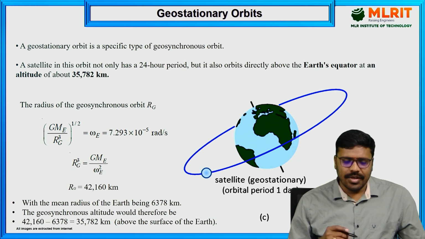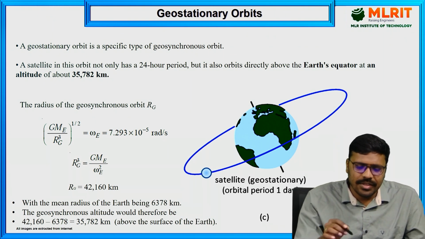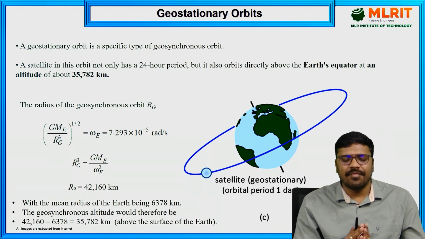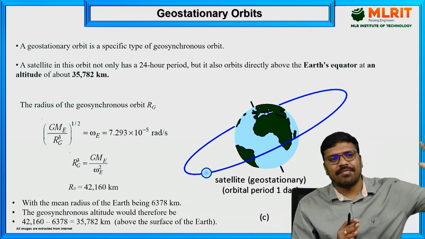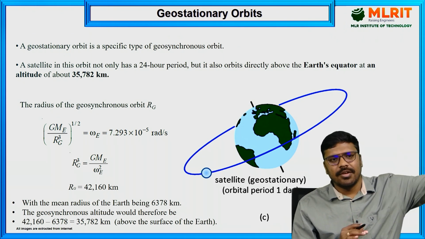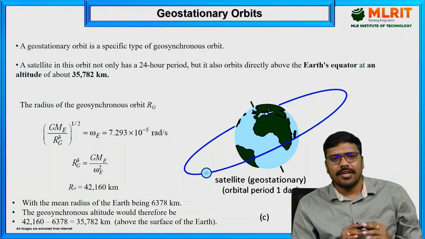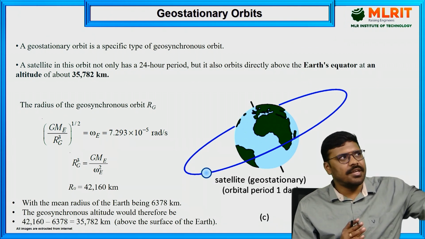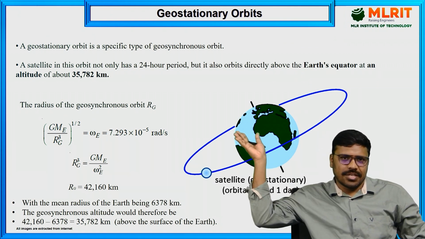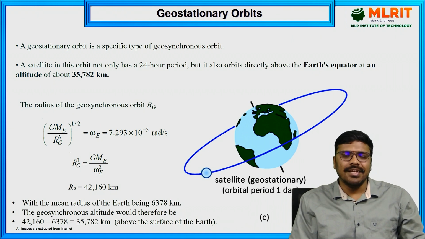If you consider the geosynchronous orbit, suppose today at 9 p.m. our satellite is at an angle of 30 degrees to me, making 30 degrees inclination towards the east at 9 p.m.